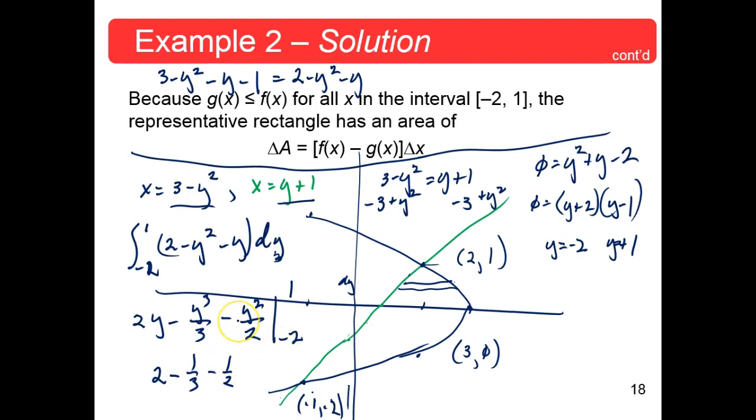Okay. And then minus 2 times a minus 2 is plus 4. Minus a minus, which would be plus, and negative 2 cubed would be negative, so that'd be minus 8 thirds.